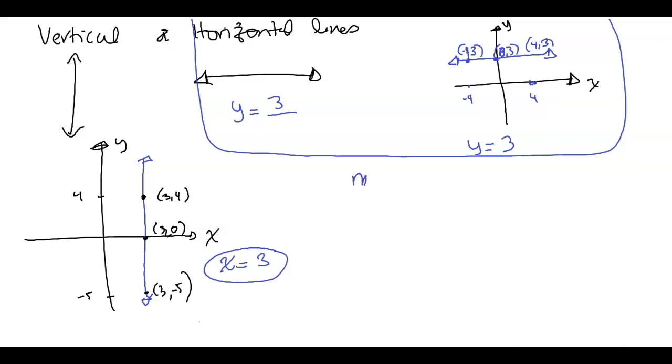Let's recall that slope equals y2 minus y1 over x2 minus x1, so the change in y over the change in x. So let's do it for the horizontal line first. For the horizontal line, let's pick 2 points right here, any points, so let's pick the points 4, 3 and 0, 3.